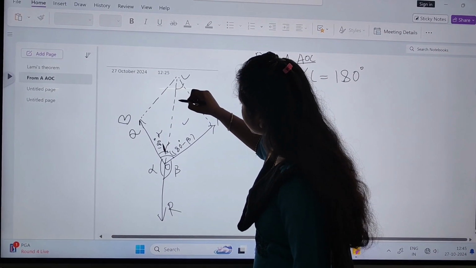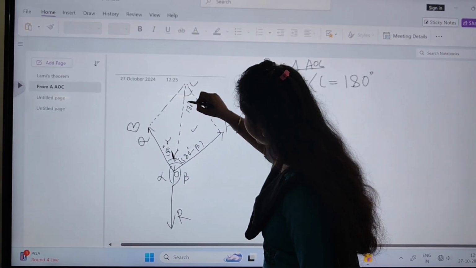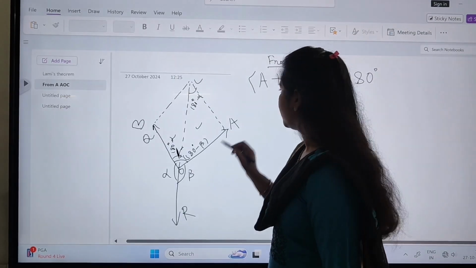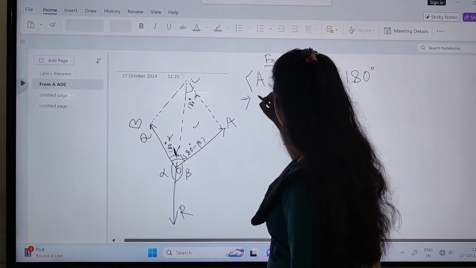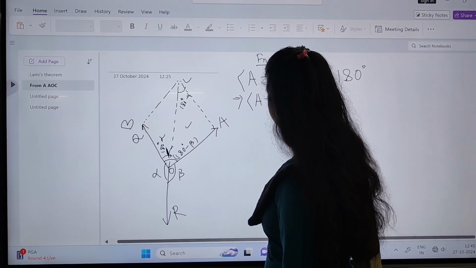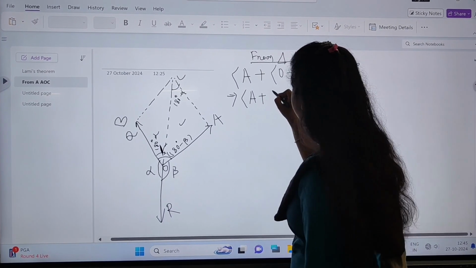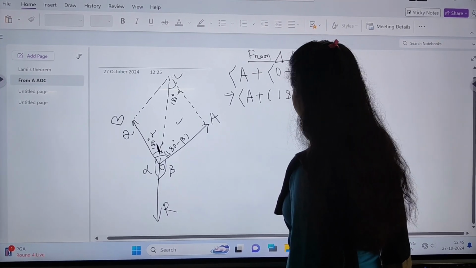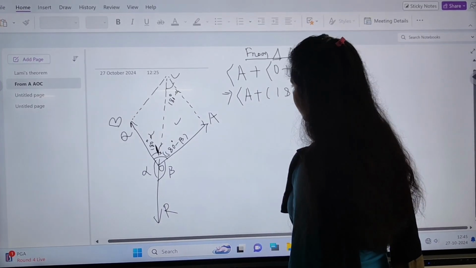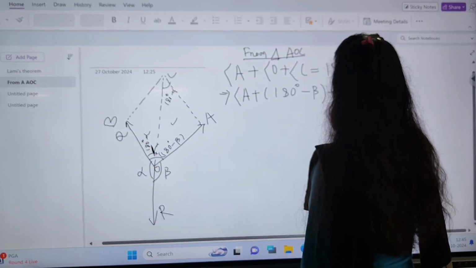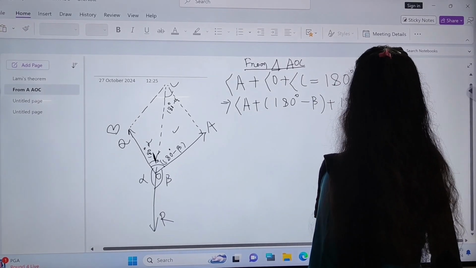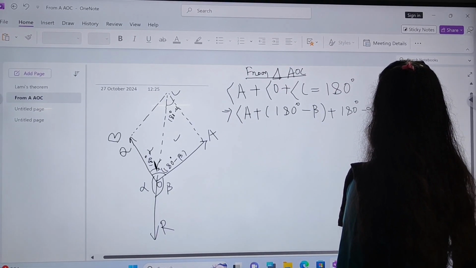So corner C is also 180 degrees minus alpha. So putting this value here, corner A plus corner O, which is 180 degrees minus beta, and corner C, which is 180 degrees minus alpha, equals 180 degrees.